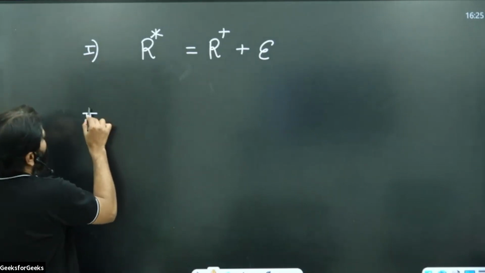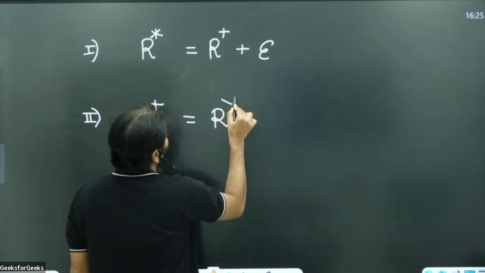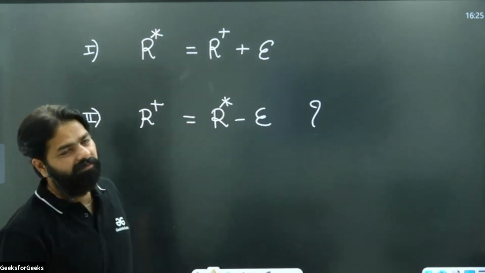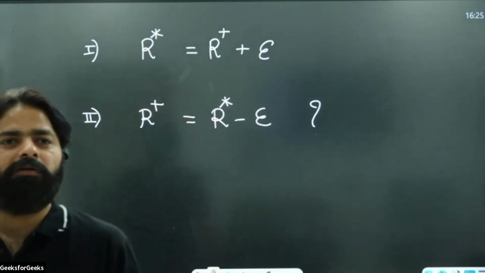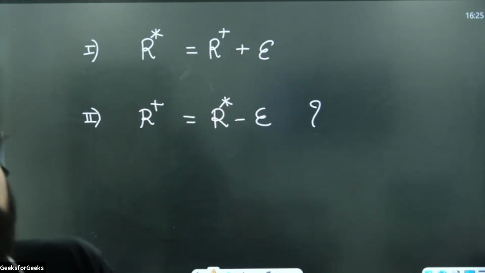Second point, many people make a mistake. R plus, can I write R star minus epsilon? The first one is right. Second one, can I write R plus is equal to R star minus epsilon? Let's see how many of you answer.